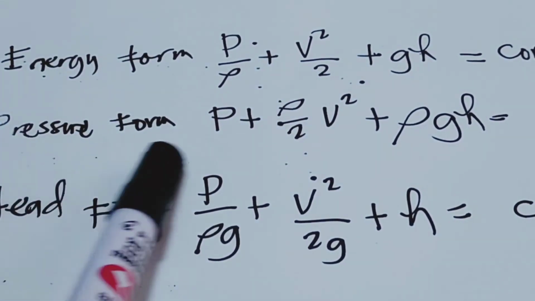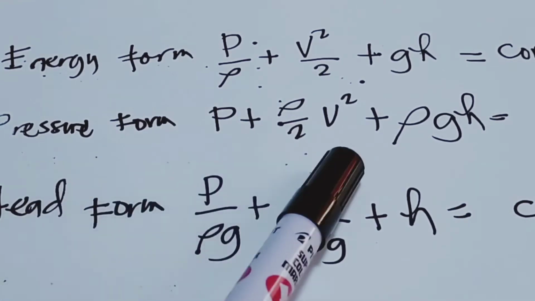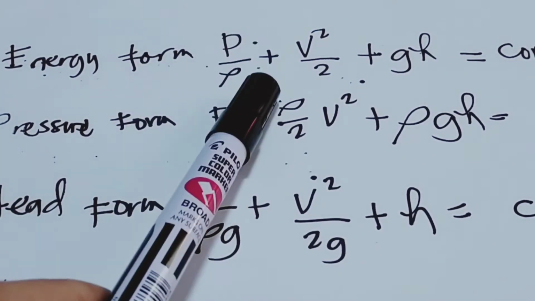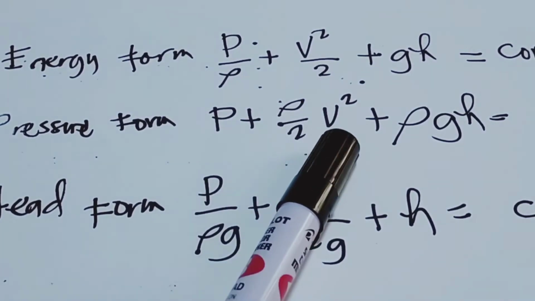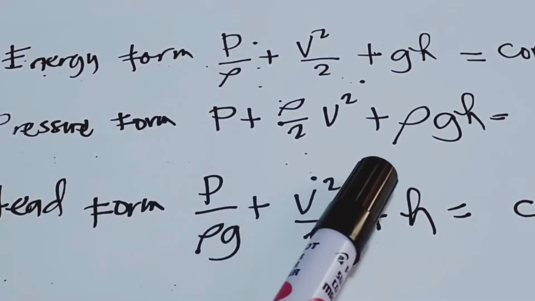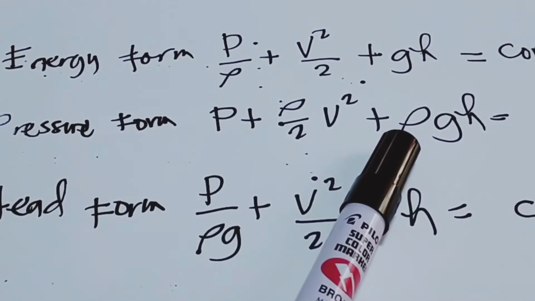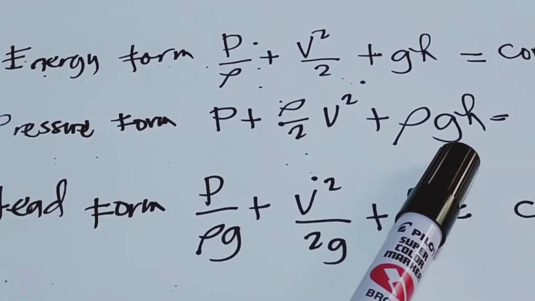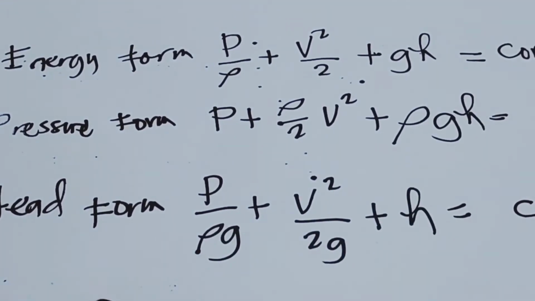And in terms of pressure, which I discussed a while ago, P, or the pressure plus the density over 2 times the square of the velocity plus rho, or the density of the fluid times acceleration due to gravity times the height of the system.